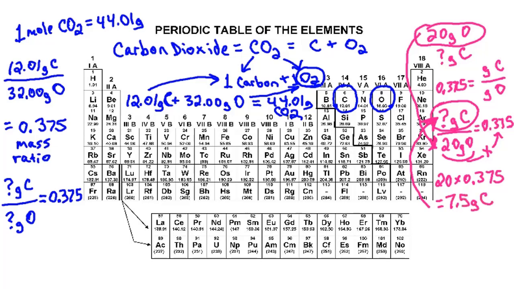So 7.5 grams of carbon if we have 20 grams of oxygen for CO2. And so if we have 7.5 grams of carbon and we have 20 grams of oxygen, then if you add those together, we will have a total of 27.5 grams of CO2 altogether.